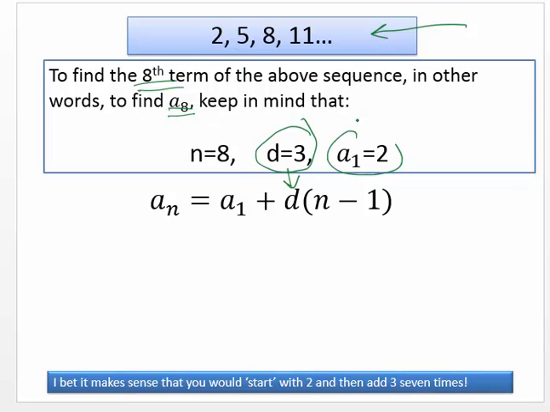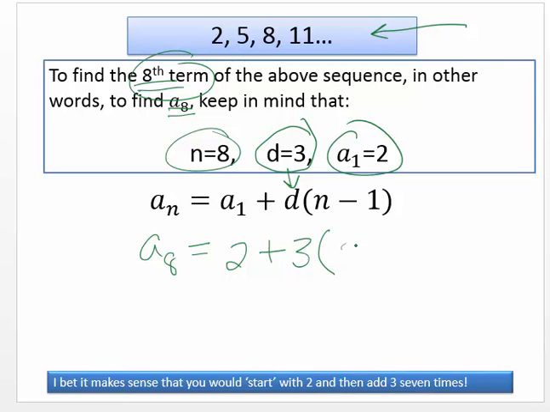You'll notice the first term is 2, so A sub 1 is 2. And like I said, we're trying to find the 8th term, so we're letting n equal 8. So here we go. A sub 8, which means let's find the 8th term. You simply put the first term, which is 2, plus the common difference, which is 3, times n minus 1.